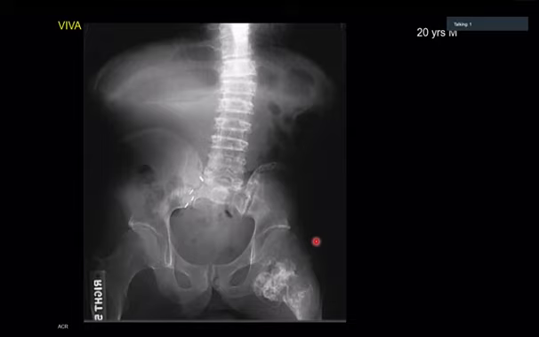My top differential would be radiation-induced atrophy of the left hemipelvis, given that he has surgical clips and he may be a cancer patient. Which kind of cancer comes to your mind? 20-year-old male.